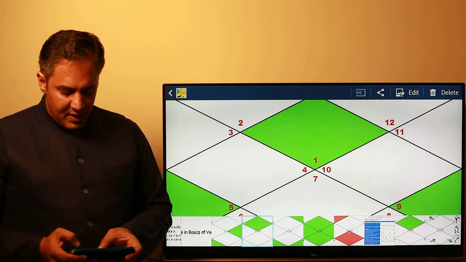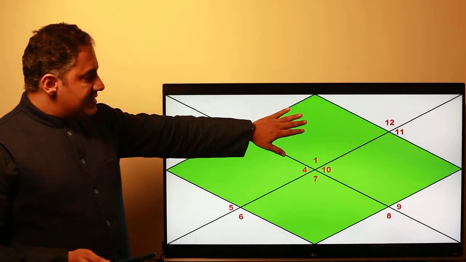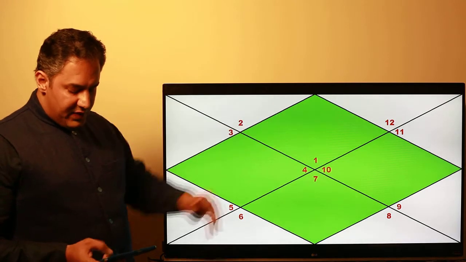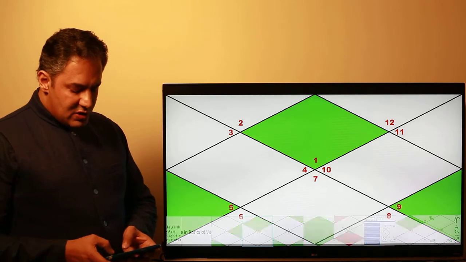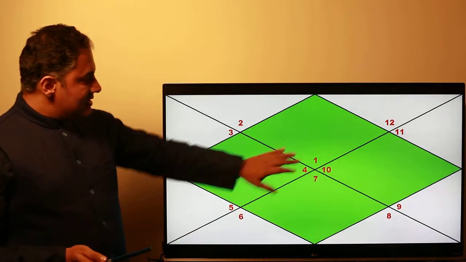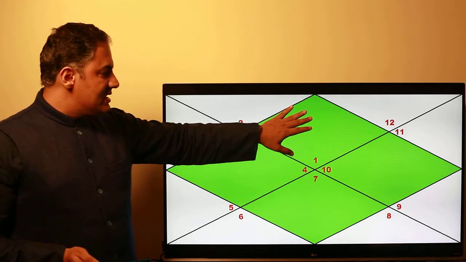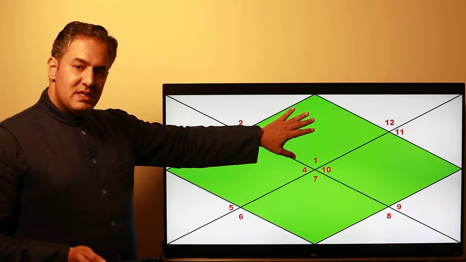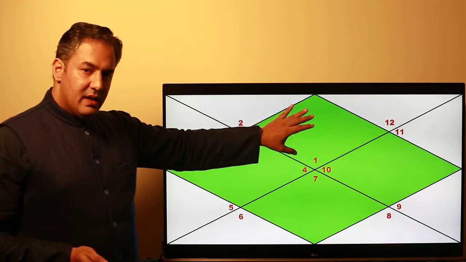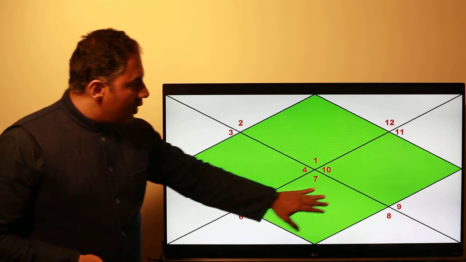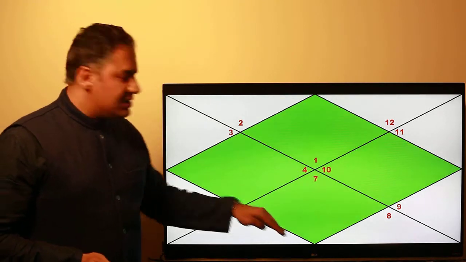Now another category of houses, this one. As you can see, it was highlighted in the trine slide, and it is also highlighted in this slide. Your first house is the most important house, as it is from where the horoscope starts. This is the native himself. So this is also a trine, and these houses are called quadrants, almost in the shape of a square.